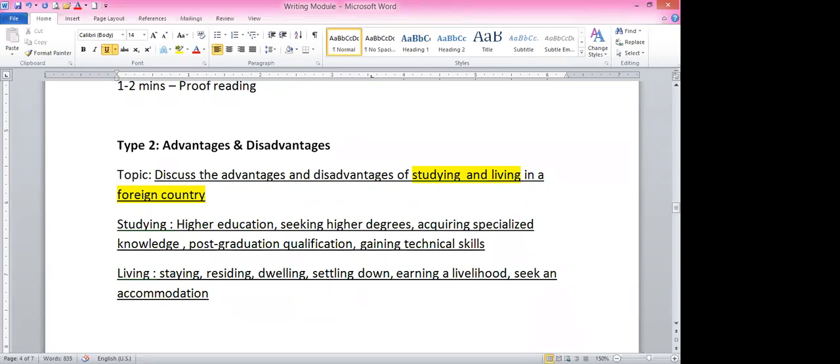Any other keywords? Studying, living. Foreign country, yes. What other words can we say for foreign? Abroad, very commonly used. What else?